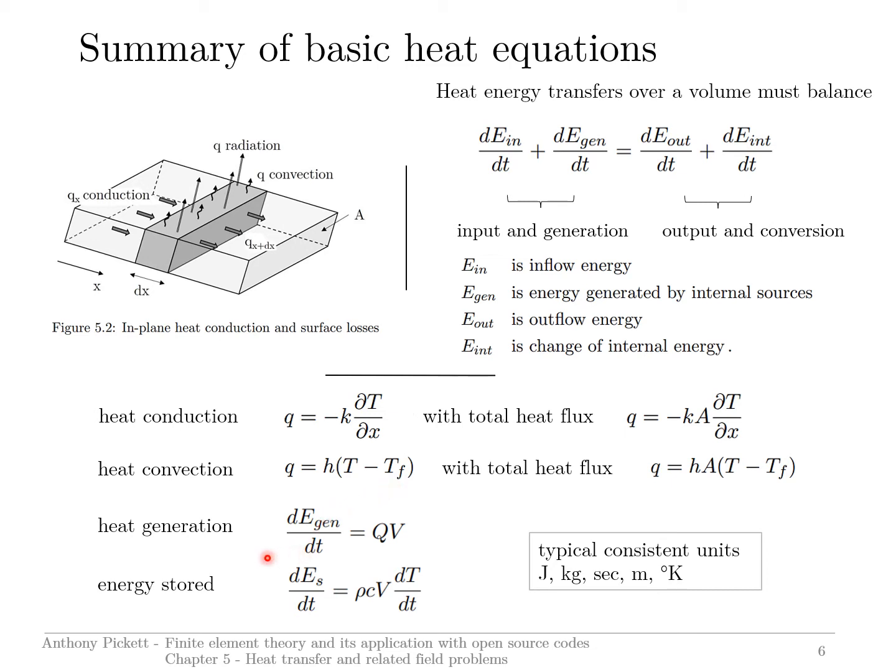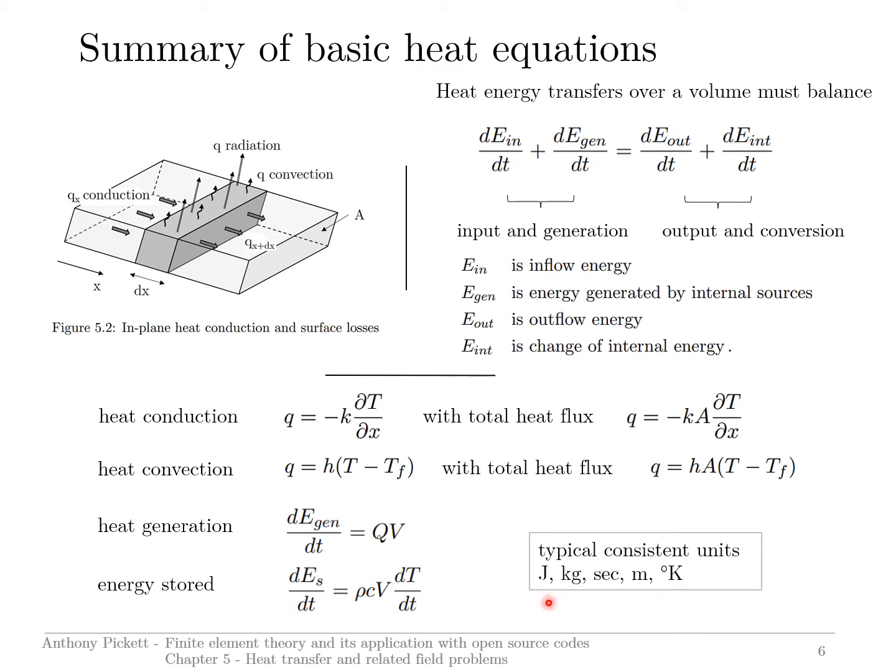Heat generated, the rate of heat generated within the material, is this heat source multiplied by the volume. And the energy stored, the rate of energy stored within the material, is the density times this material property called capacitance times the volume times the derivative of temperature with respect to time.